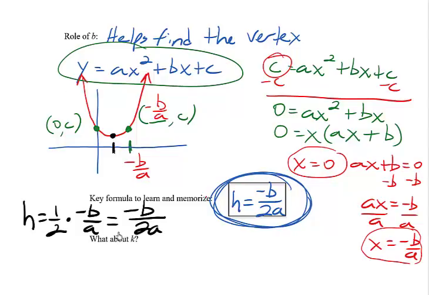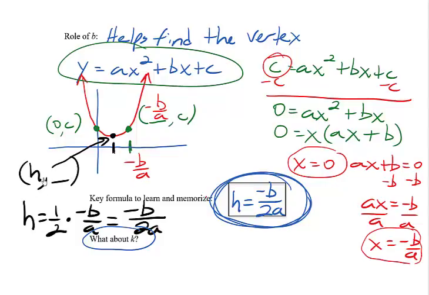You say, what about the k? I mean, that's a nice formula that tells us about the h, but how are we going to get the k part of the vertex? Well, you don't need any special formula for that. You have to remember that the h is just an x value. Here's the vertex. We now know that the vertex is h comma blank.